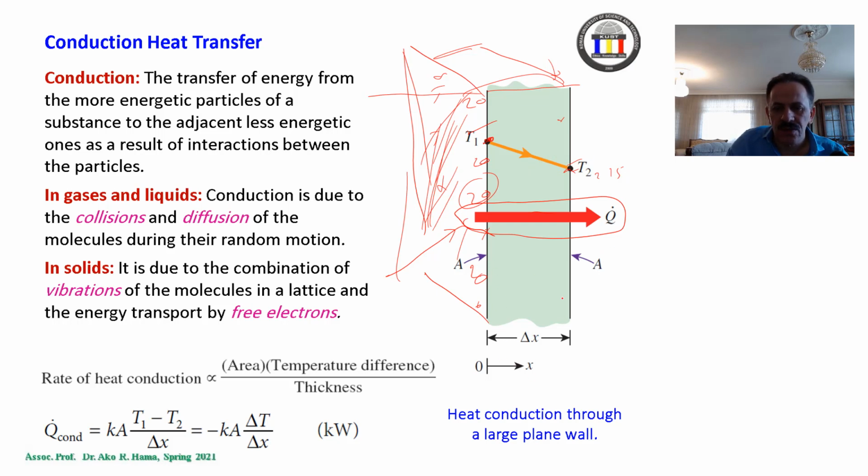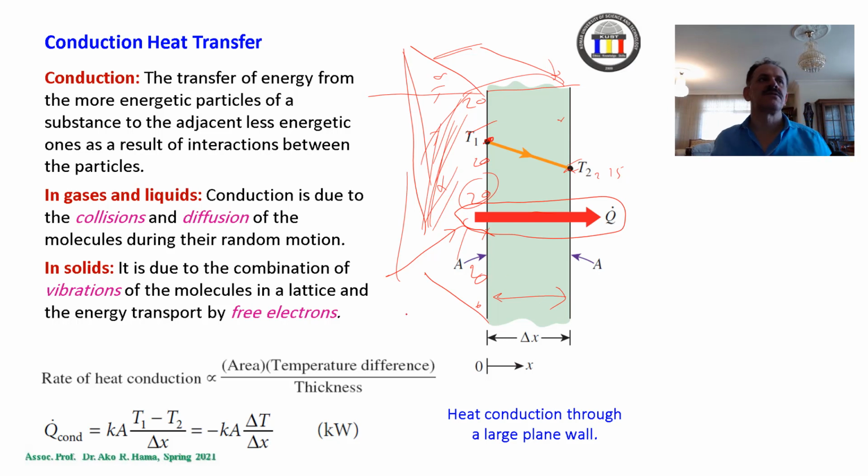Also, it's very important to know the thickness of this surface, of this body. The higher the thickness, the lower the heat transfer. And if I have a very thin plate, the transfer will be very high.